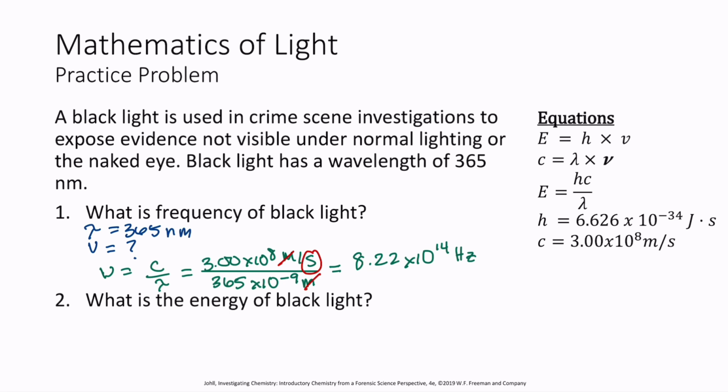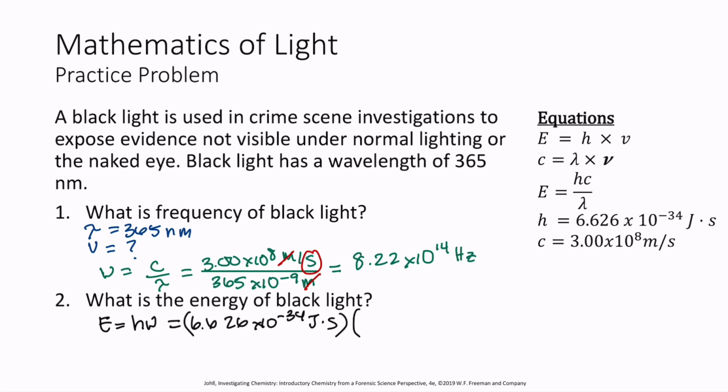Now we can also use all of this data to calculate the energy of the black light. So E is equal to H nu. And I just calculated nu. So this is perfect. H is a constant, 6.626 times 10 to the negative 34 joules times seconds.